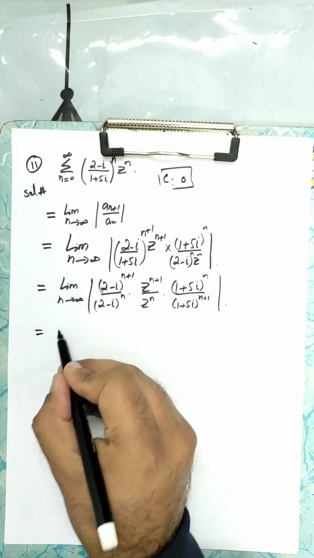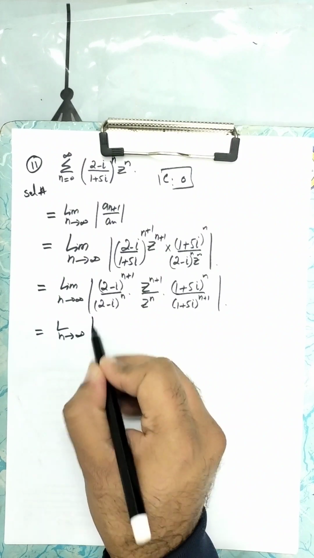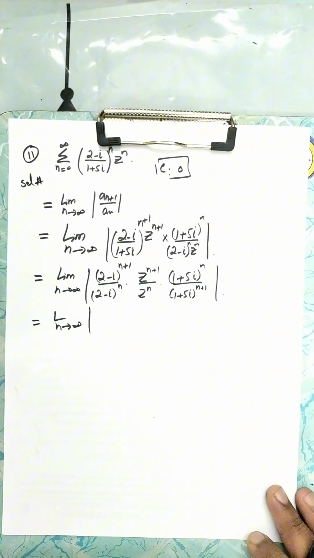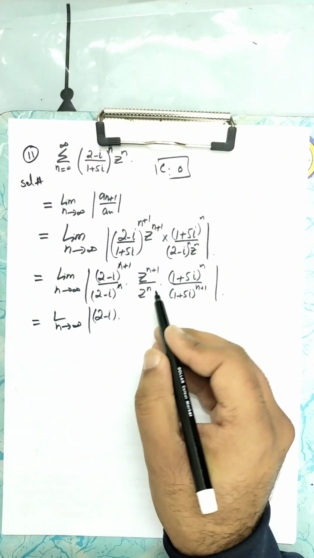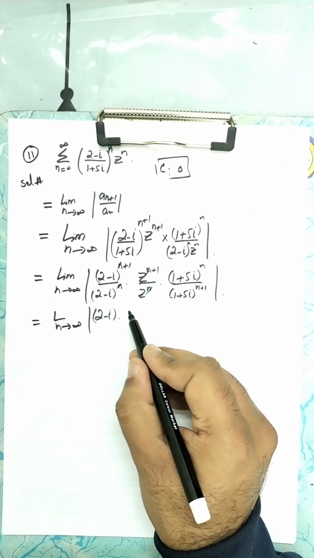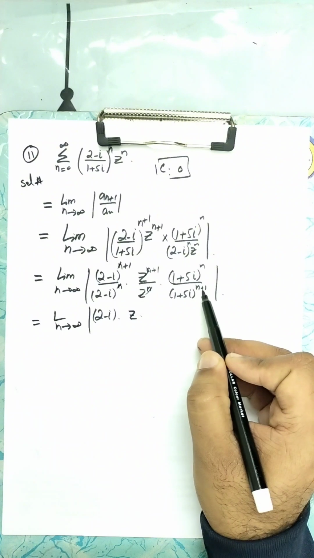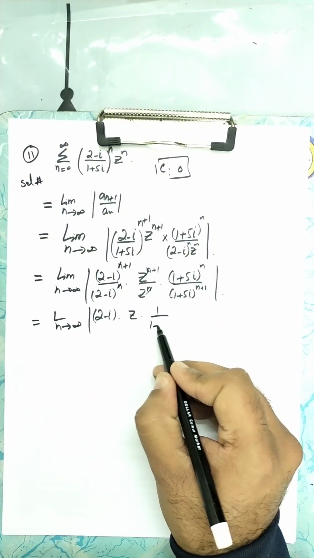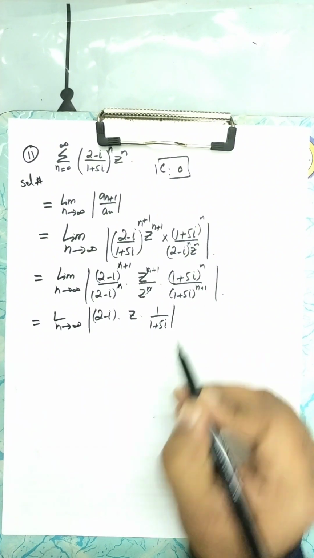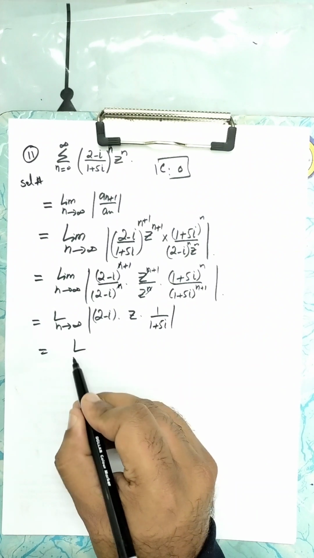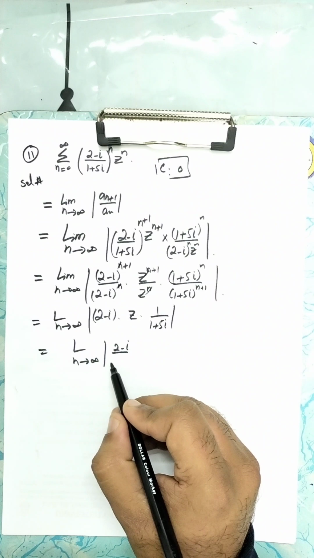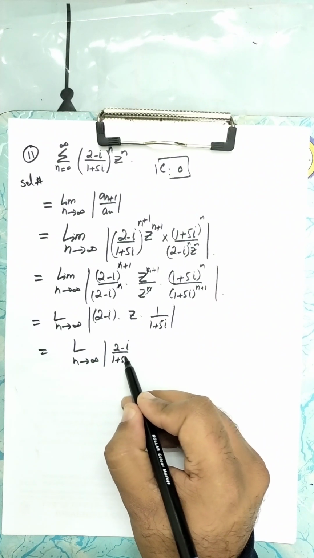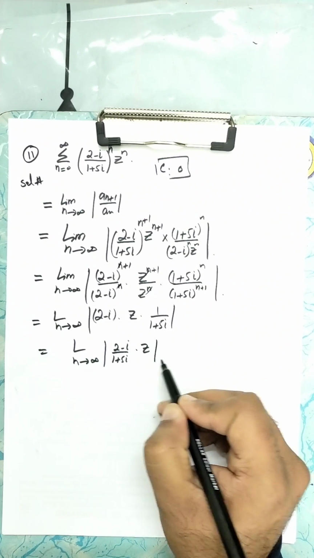So simplify this. This is limit n approaches infinity, and 2 minus iota, this z and z to the n cancel out, only z here, and this is 1 over 1 plus 5 iota. So we write this limit n approaches infinity of 2 minus iota over 1 plus 5 iota times z.